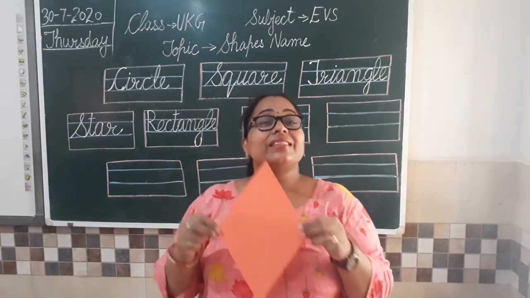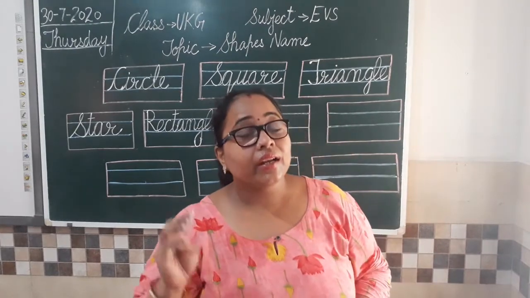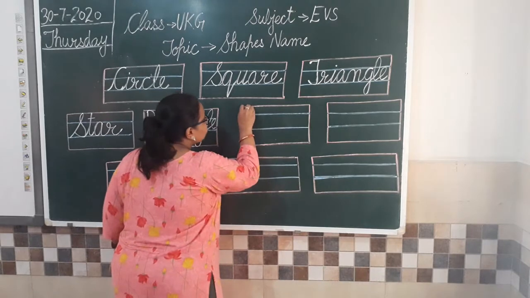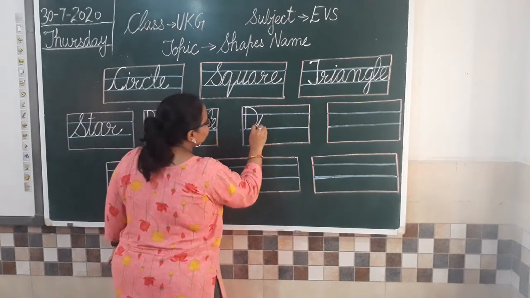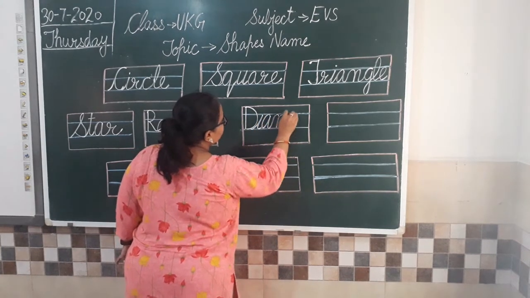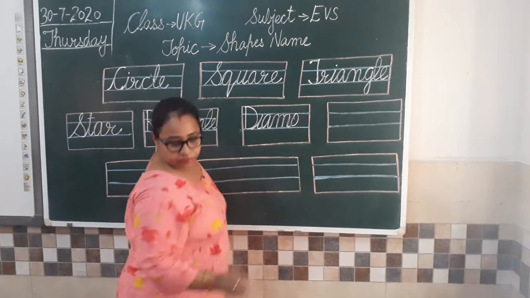So what is this? It's a diamond shape, and we are going to write diamond now. How to do that? D-I-A-M-O. Wait.